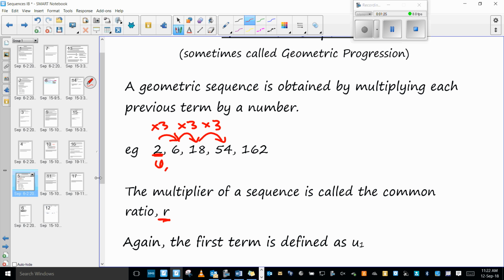Nice. So you would do U2 divided by U1, or you could do any term divided by the previous one. The reason I say that is because later on sometimes the common ratio is a fraction, and people get mixed up with it. So just always remember it would be a later term divided by the previous one.